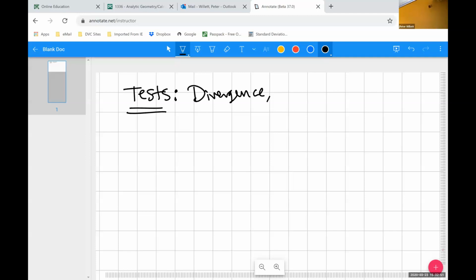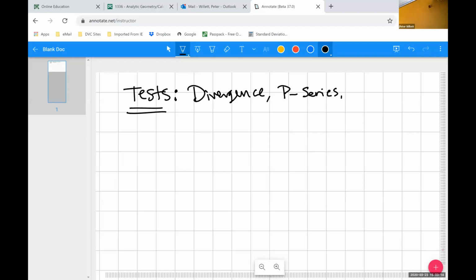So then we looked at the p-series test. And the p-series test said, well, if you've got a p-series, meaning 1 over k to some p power, then if p is less than or equal to 1, it diverges. If p is greater than 1, then it converges.